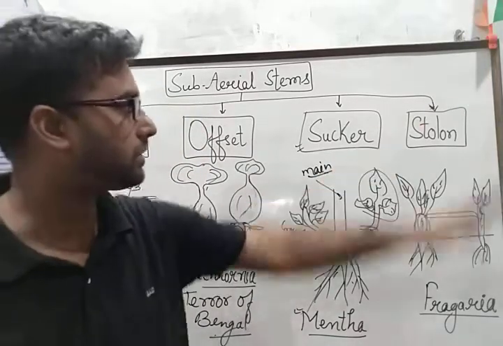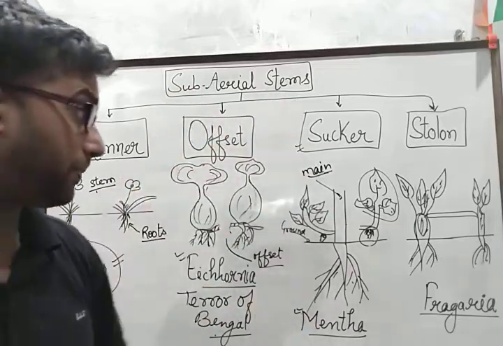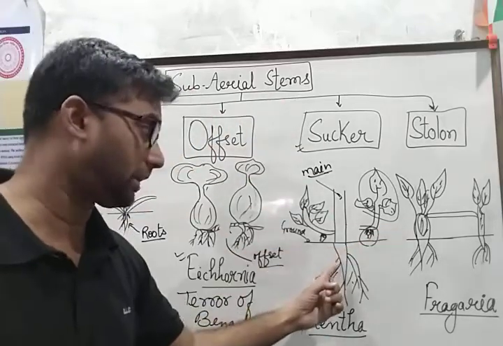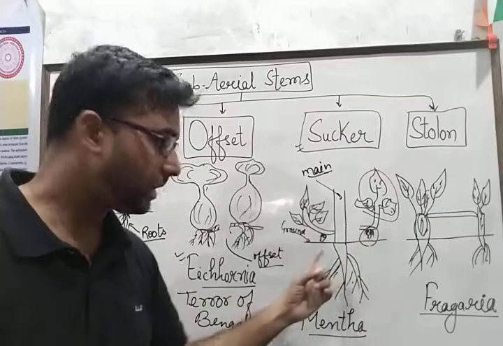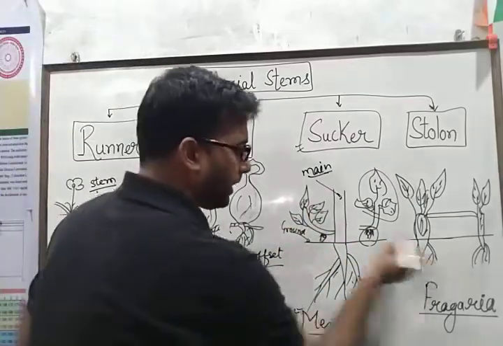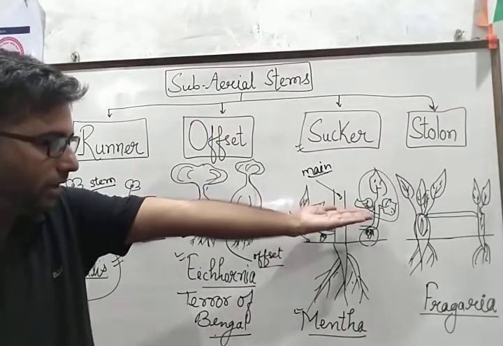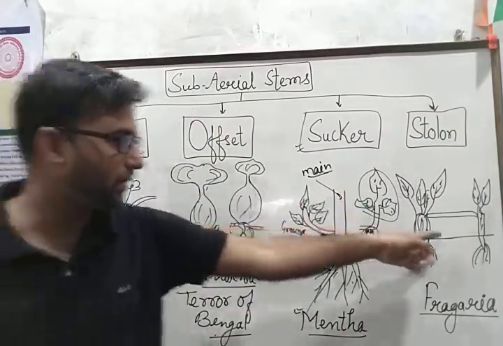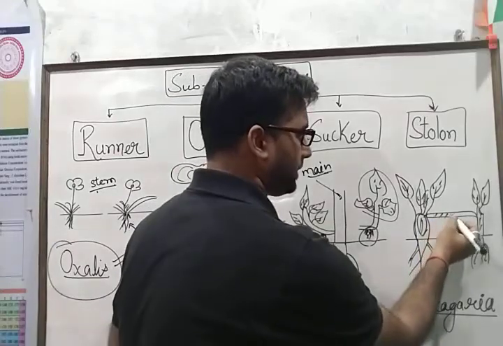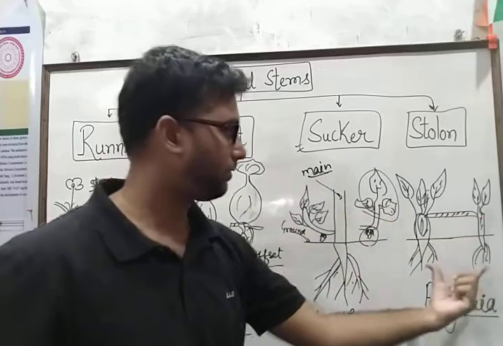Now next one is stolon. Stolon is another subaerial stem, and it is very similar to the sucker. The only difference is that here branches move parallel to the ground and move upward, but here it is strictly bound with the two structures.